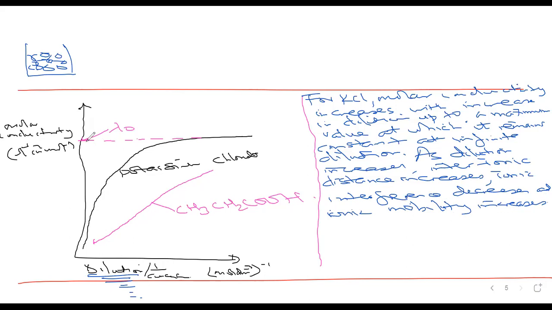Then we talk about this molar conductivity at infinite dilution, which we call zero concentration, as we saw for the x-axis having square root of concentration. So at zero concentration, what happens? The ionic interference is negligible.